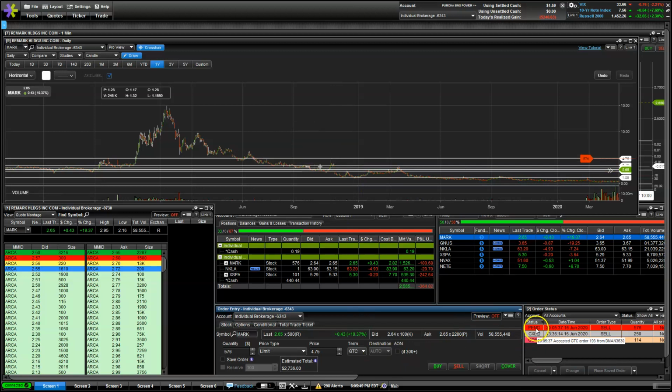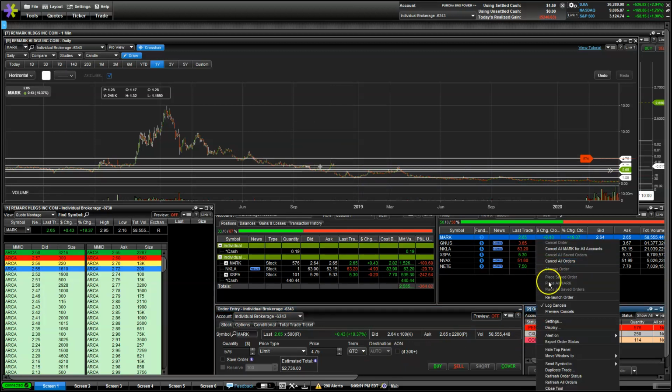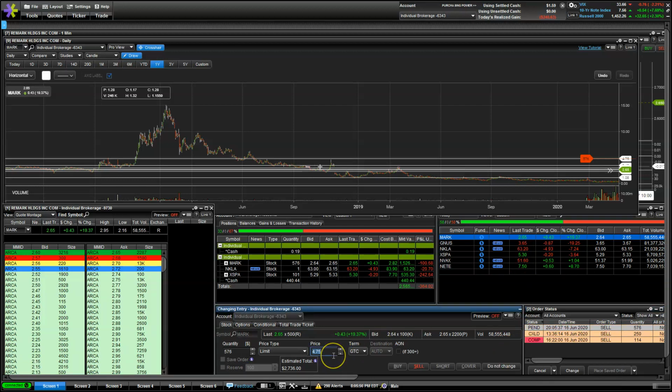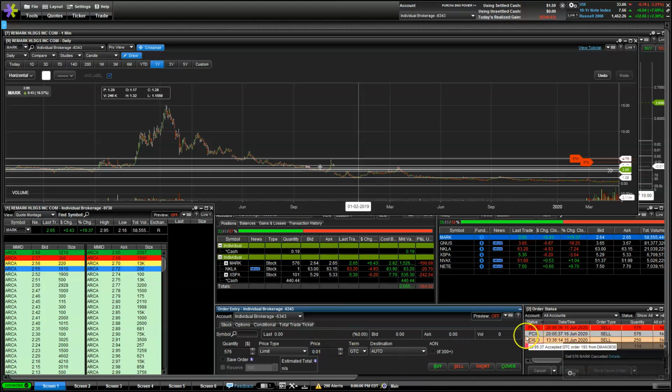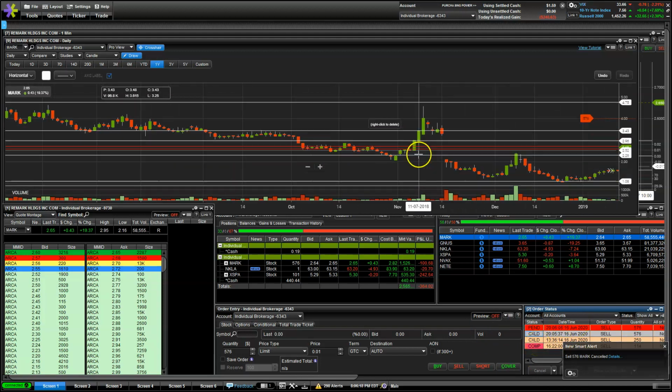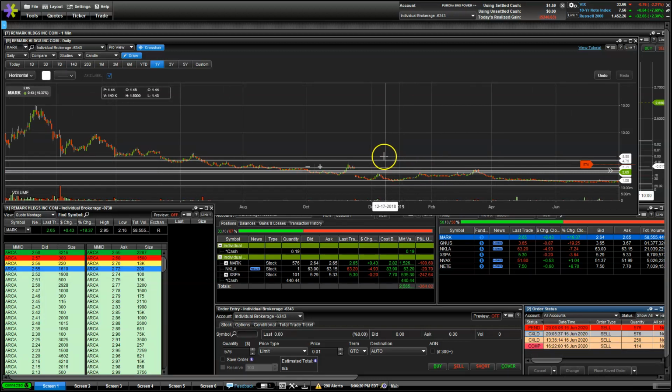What I really want is to actually change this order to $4, because $4 is what I'm looking at on this swing that I've been swinging for about 2 weeks now. And you can see right here, it populated to where Mark will be sold if it ever hits $4 during regular market hours. That's what I'm looking for, that max profit right there.